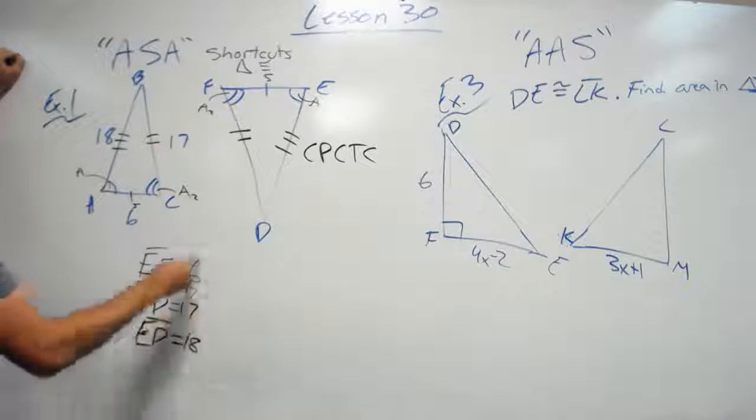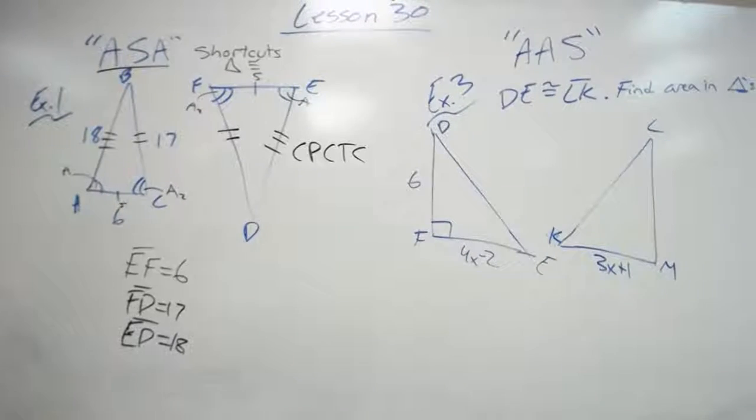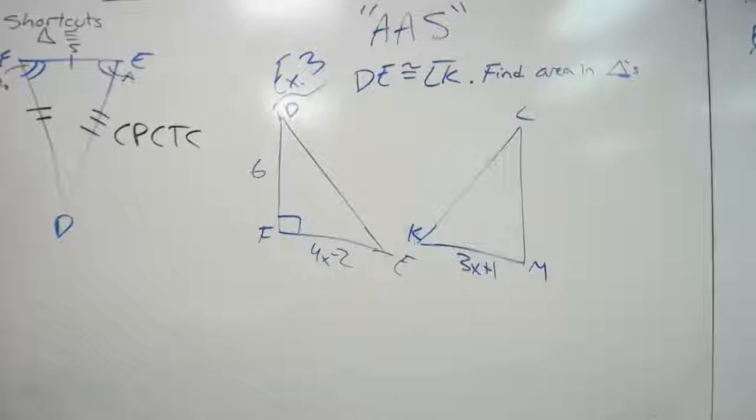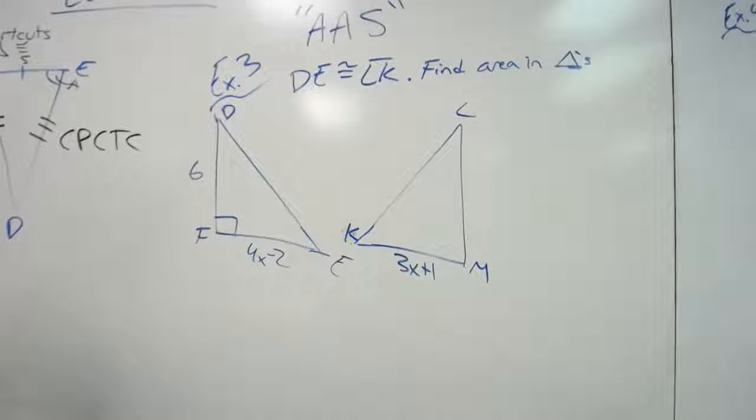But that's all because of the angle side angle congruence theorem. Let's look at the other one, angle angle side. Angle angle side would be 2 angles in a row followed by a side that is congruent.